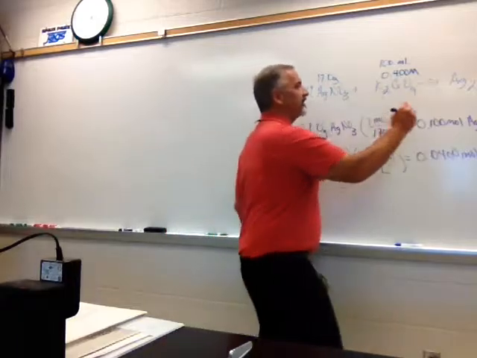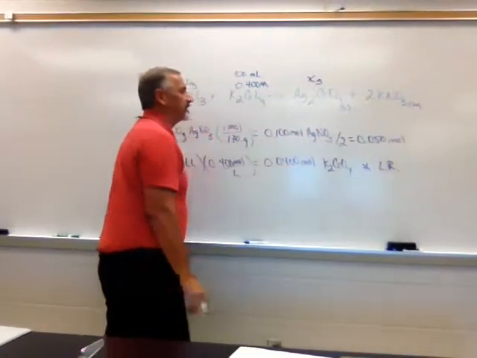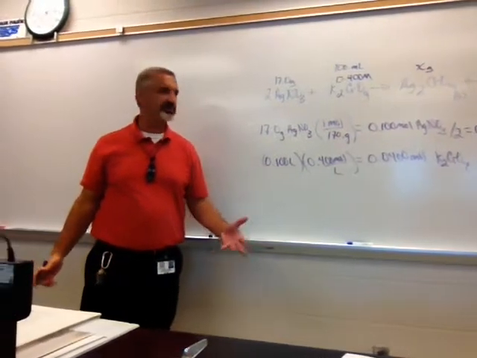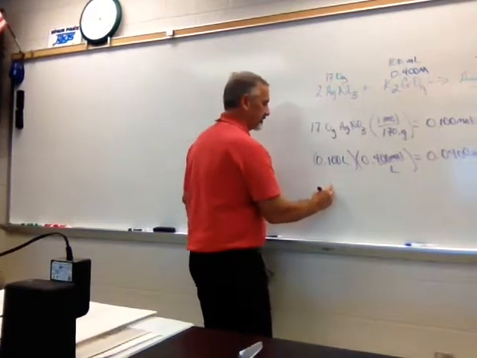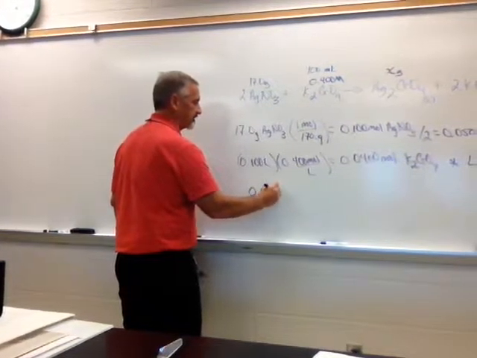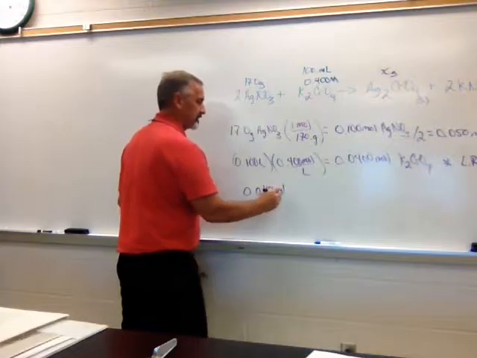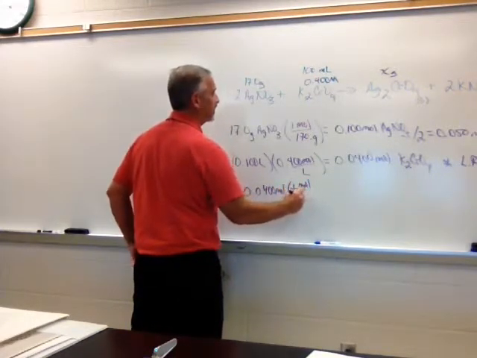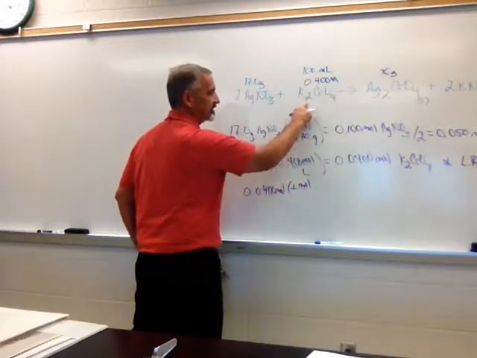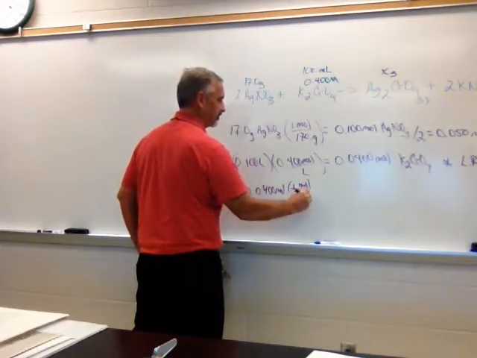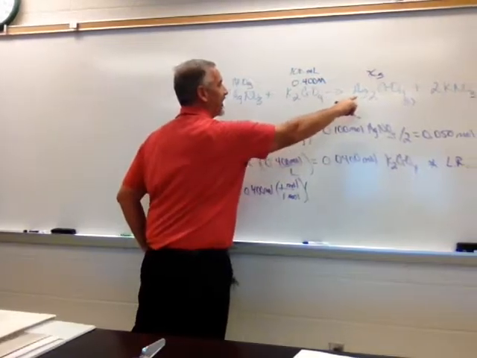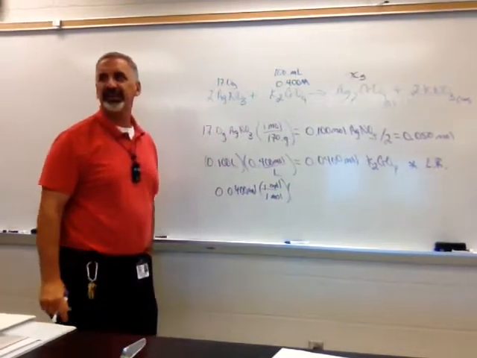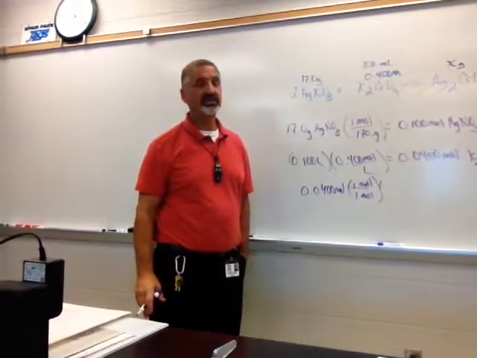So the question is, how many grams of this? Now it's just like any other stoichiometry problem, because now we can just start with moles. 0.0400 moles times 1 mole over 1 mole, because that's my limiting reactant, times the molar mass of this, which was that, 275? What is it? Is it more?